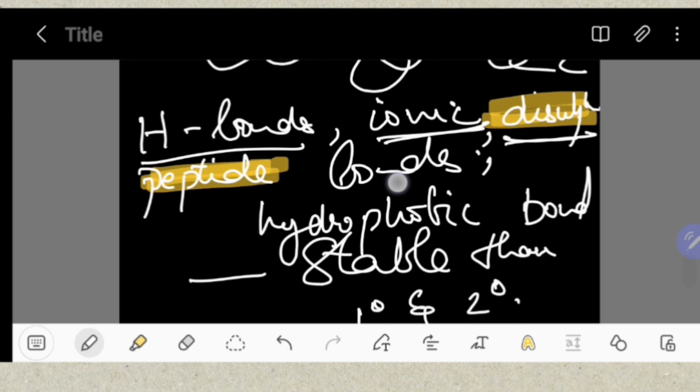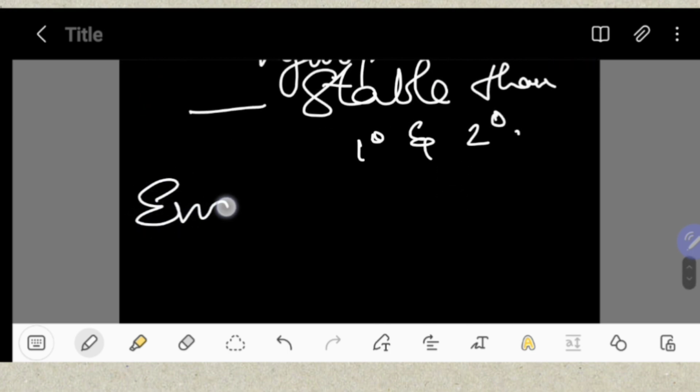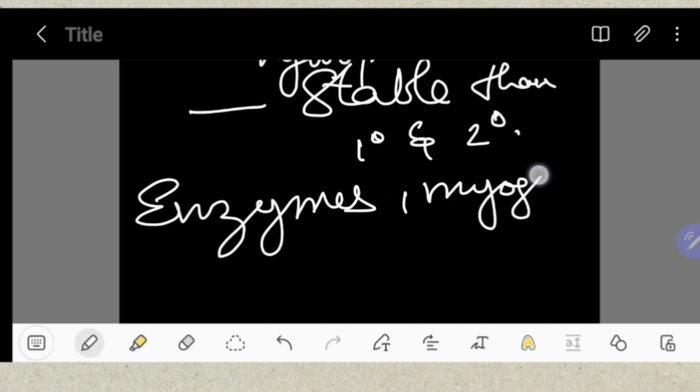All enzymes have this tertiary structure of protein. This is the most reactive form of protein. Enzymes and myoglobin have this structure.